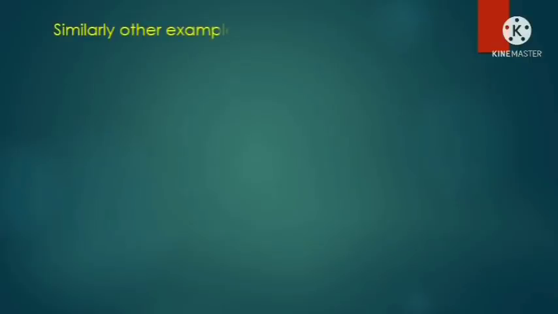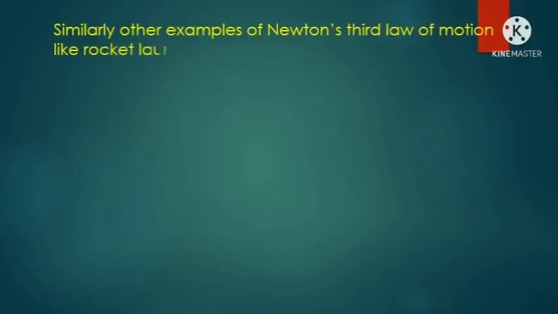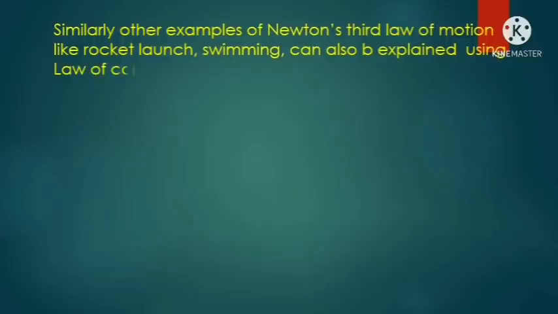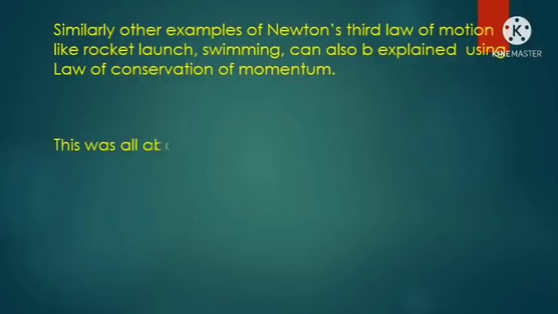Similarly, other examples of Newton's third law of motion like rocket launch and swimming can also be explained using the law of conservation of momentum. This was all about the law of conservation of momentum.